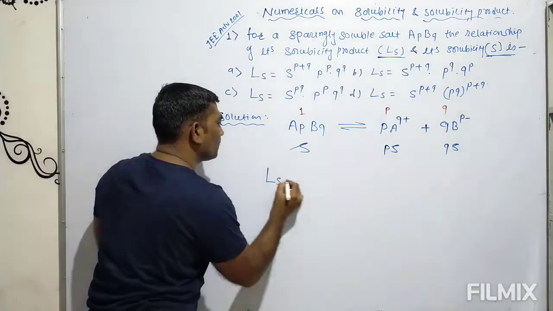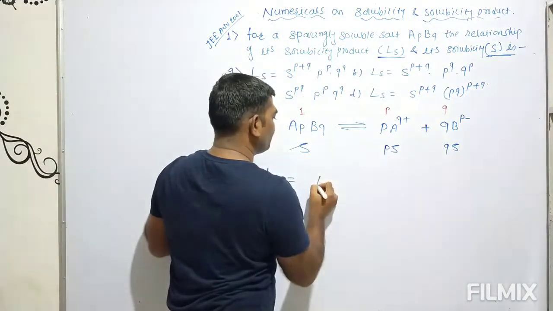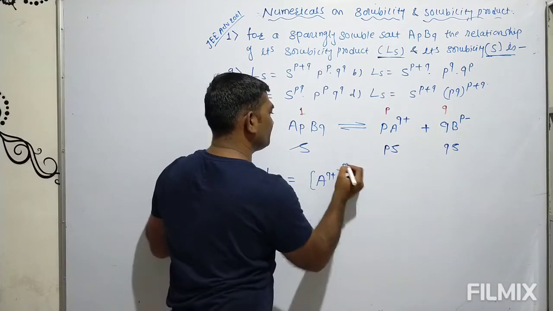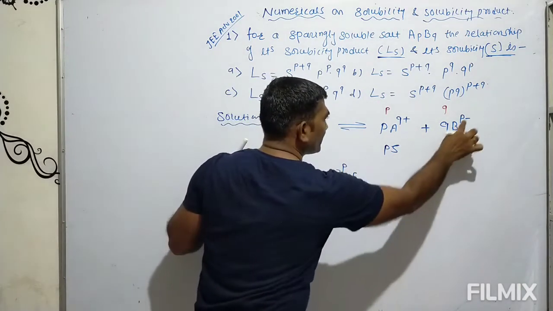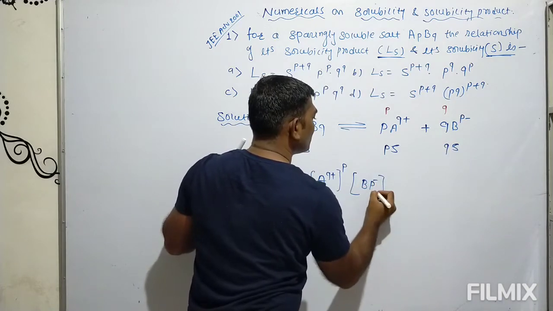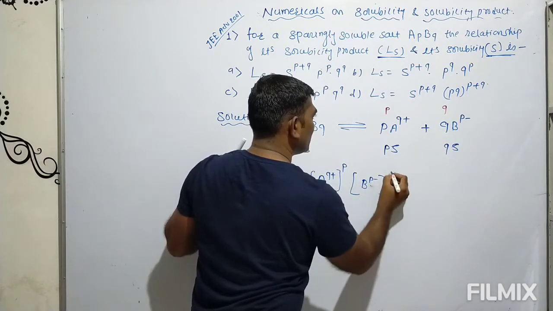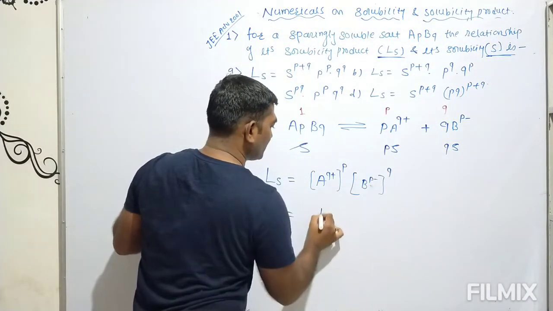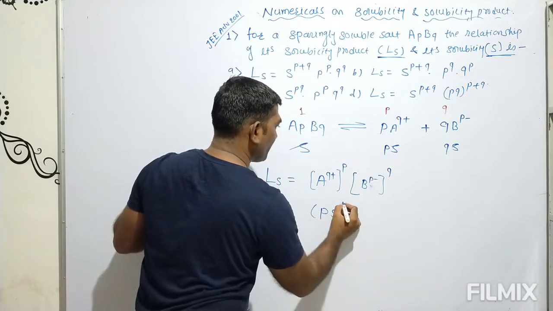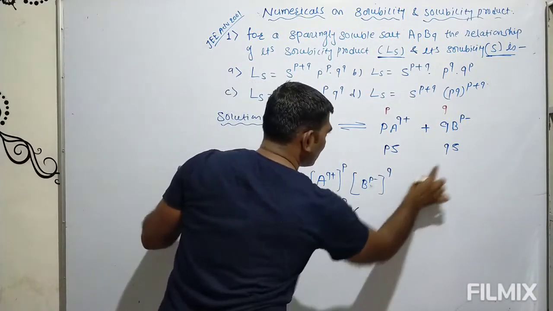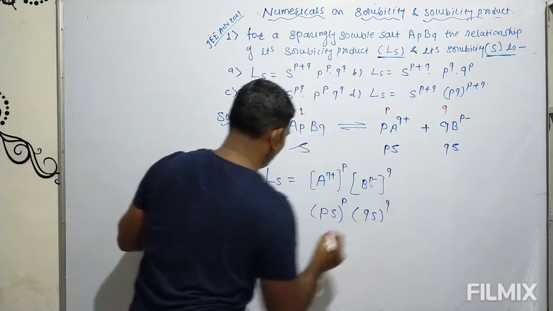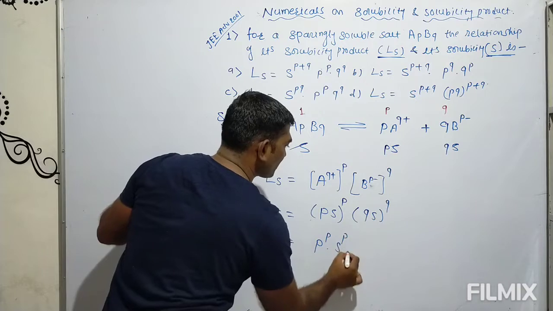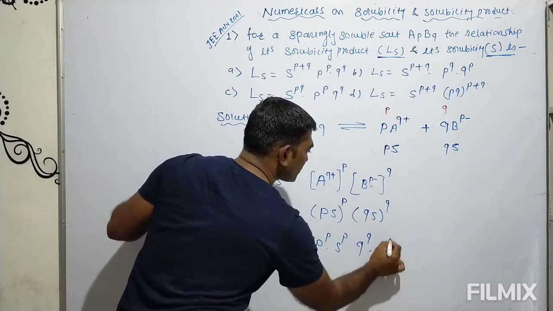So LS is equal to A positive Q to the power P into B negative P to the power Q. So LS is equal to PS raised to power P into QS raised to power Q. By solving you get LS equal to P raised to power P, S raised to power P, Q raised to power Q, S raised to power Q.